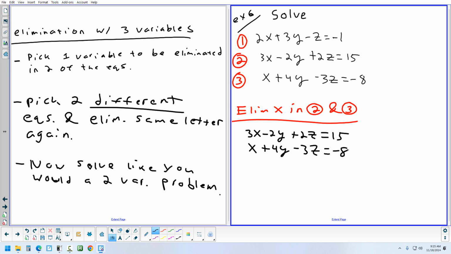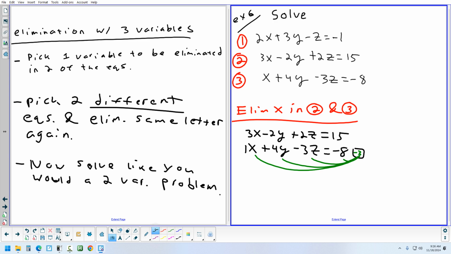All right. We have a 1 and a 3. Can we multiply 1 by something that would make it cancel out 3? Yes. What would you multiply it by? -3. Here, here, here, and there. And we're going to multiply by -3.